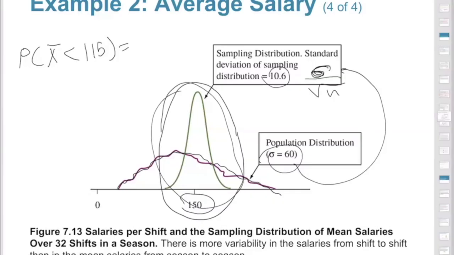How? It's X bar minus mu divided by the standard deviation of the sample mean, sigma divided by square root of n, not sigma in this case, which is 10.6. So you calculate the Z value: 115 minus 150 divided by 10.6.